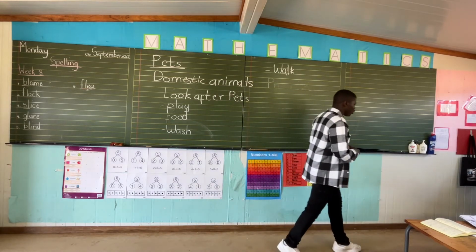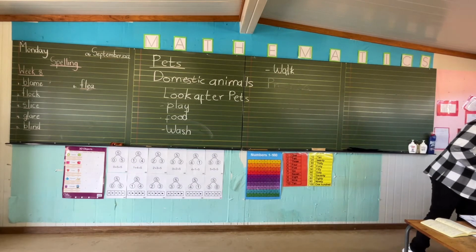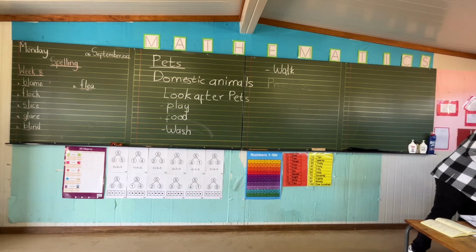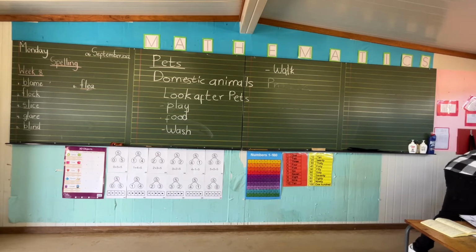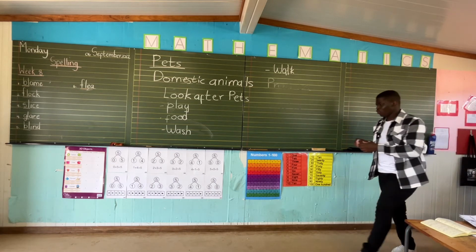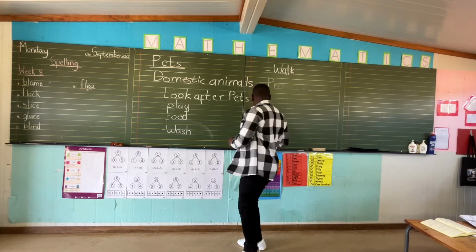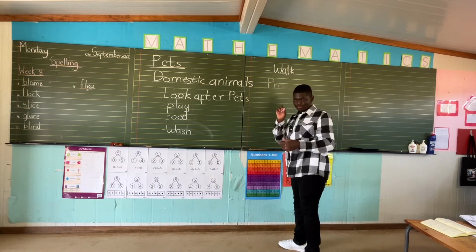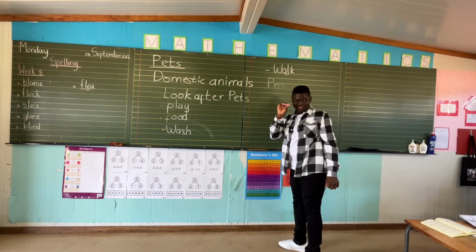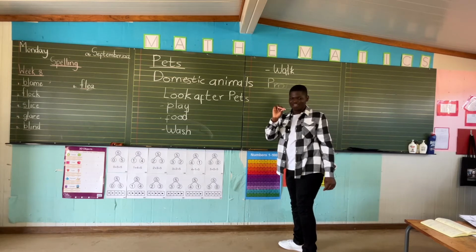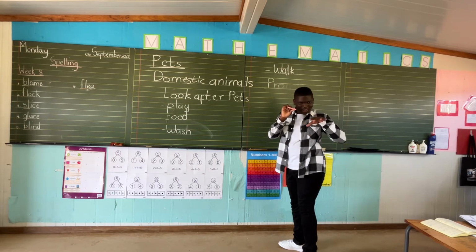Let me get another chalk that is a different color, so that I can show you how this is going to work. Do you see the color of this chalk? It's a red or pink one.